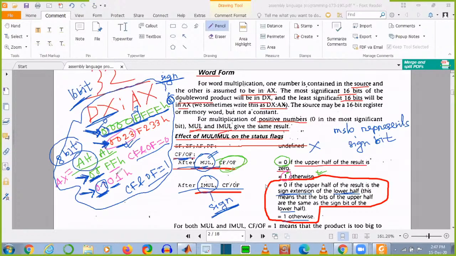Different, sir. Okay, if they are different, then what will be the CFOF value for sign multiplication?